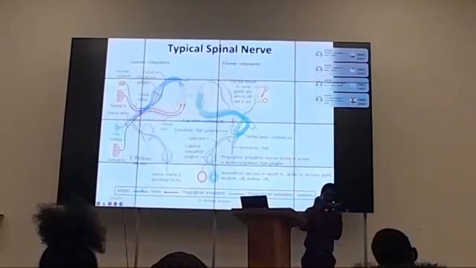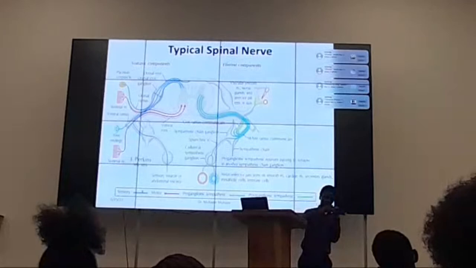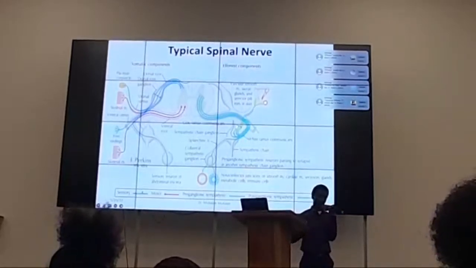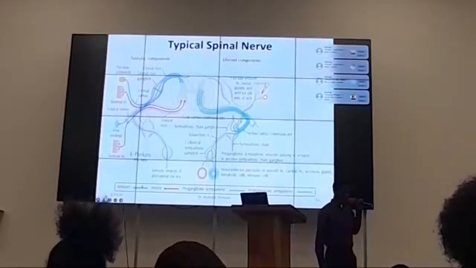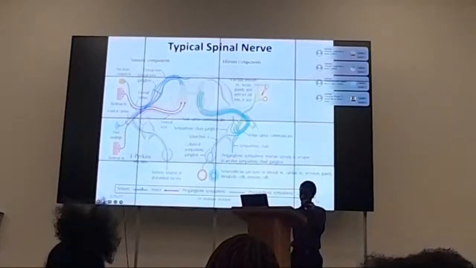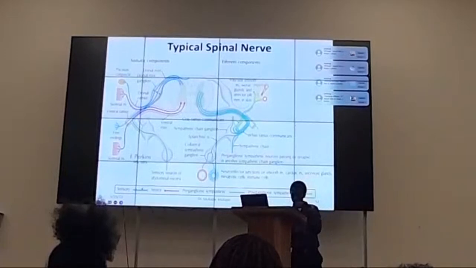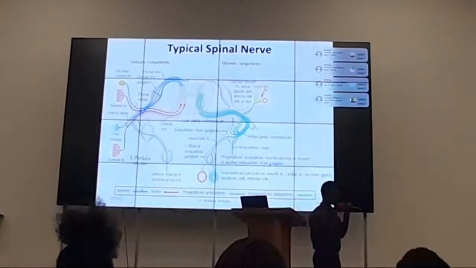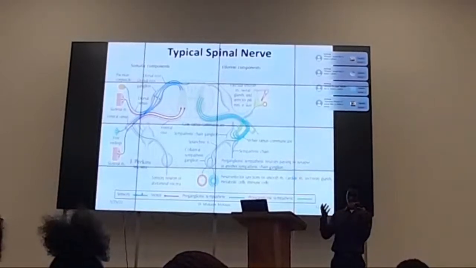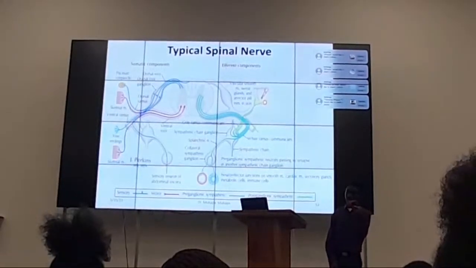Now, post-ganglionic neurons, if they are not going to be splanchnic, like in this case here, then they have to use the gray ramus communicans. They have to pass through the gray ramus communicans to go and supply, for instance, the sweat glands, the erector pili muscle in the skin, to go and supply the skin.